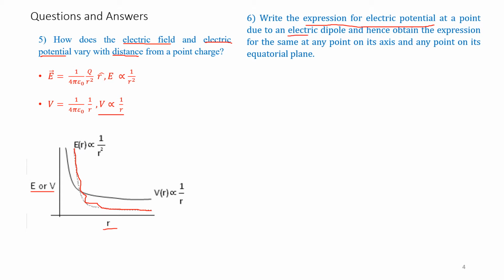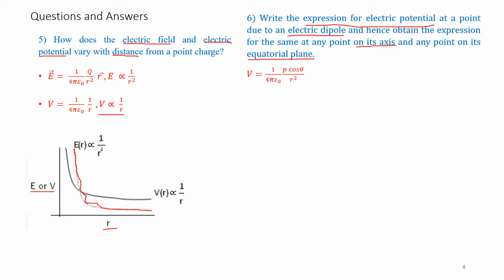You have to remember, we have to write the expression for potential due to a dipole on its axis as well as equatorial plane. So there are four important points. One is electric potential, second is electric dipole, and then the axial point and equatorial point.